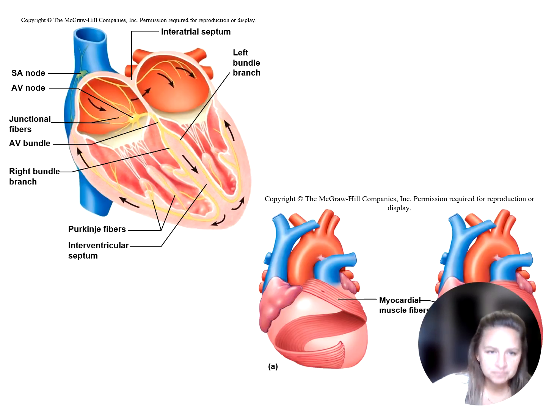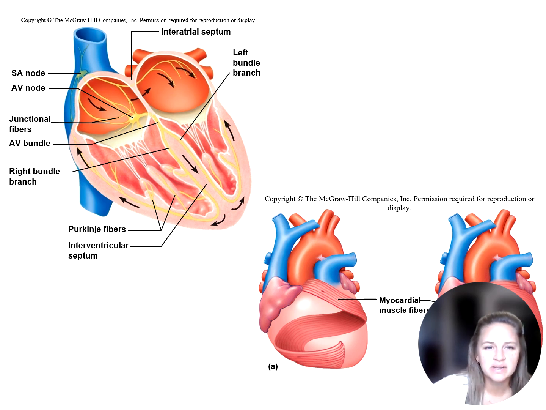This is showing the SA node is up here, the AV node is here, and then we have the Purkinje fibers here, more junctional fibers. Here's the AV bundle.